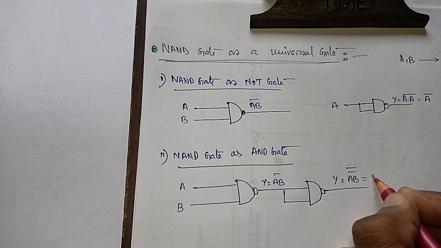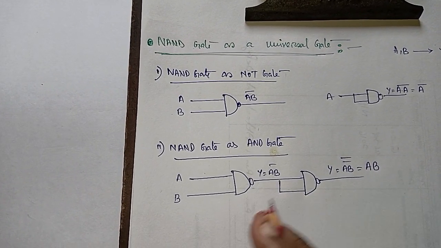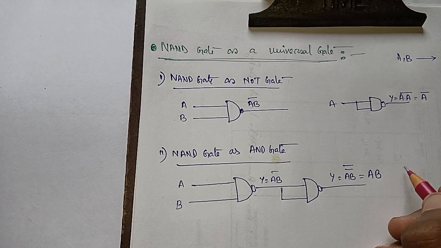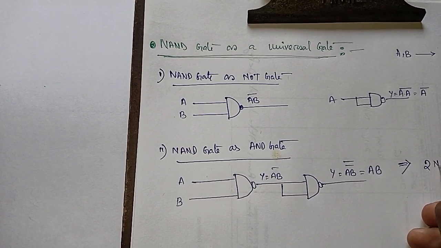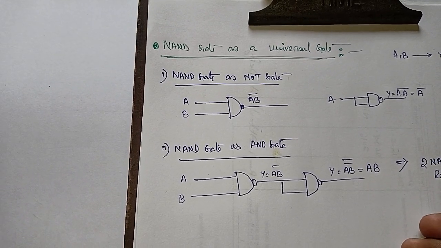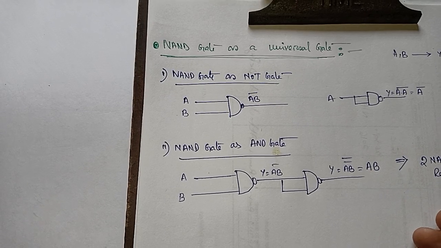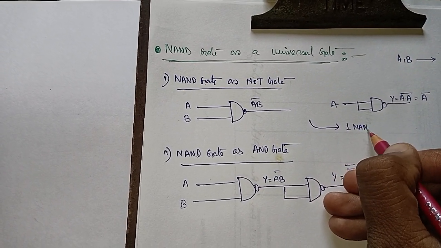The bars cancel out, so Y is equal to AB. So this is the logic diagram of the AND gate, implemented using NAND gates. The number of gates required is 2 NAND gates. And for the NOT gate, 1 NAND gate is required.